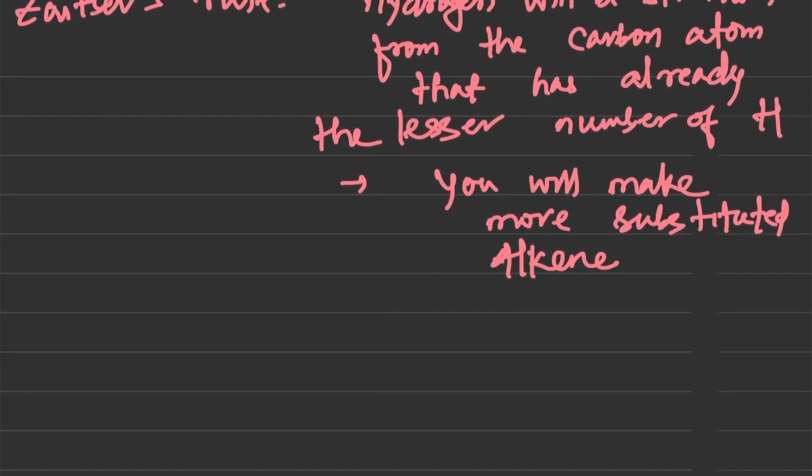Let's apply this principle to this particular problem, and we will try to do this in a shortcut way, just applying it directly. How would you do this problem? Let's look at the alpha carbon atom that is connected to oxygen.